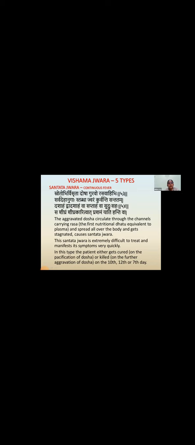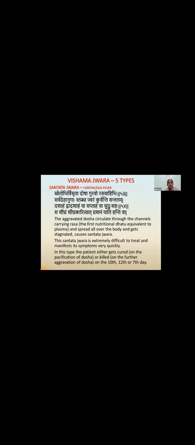Santata means continuous. Santata means there will be continuous fever. This particular fever has been explained very elaborately in the classics: srotobhir visrutA doshA guravo rasavahibhih sarvadehanugah stabdhA jwaram kurvanti santatam.